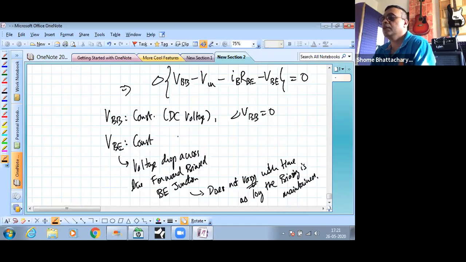So that means the change in this quantity will also be 0. It remains constant. Typically, it is something of the order of 0.7 volts. Okay, so now apply that change formula in the above equation.